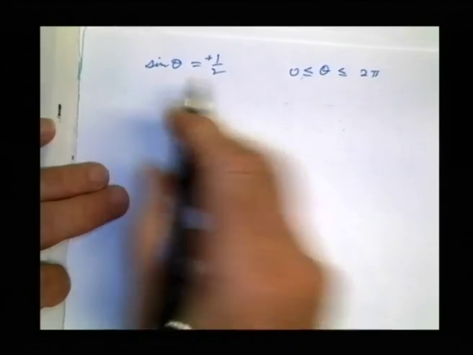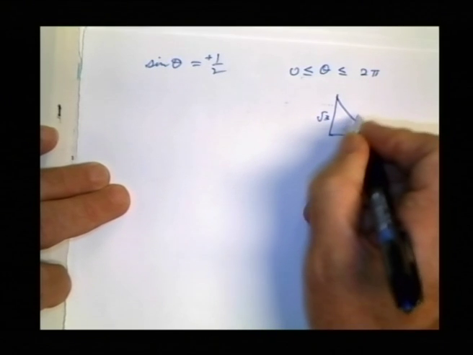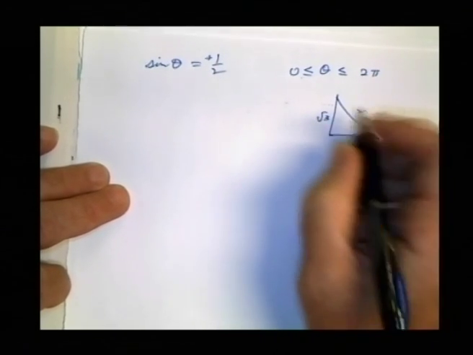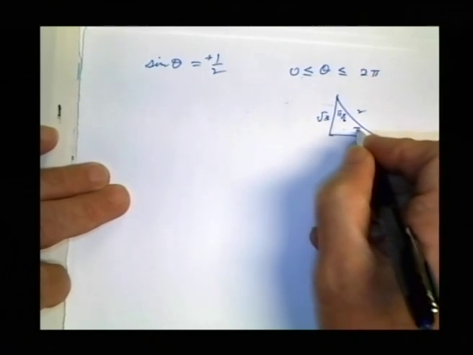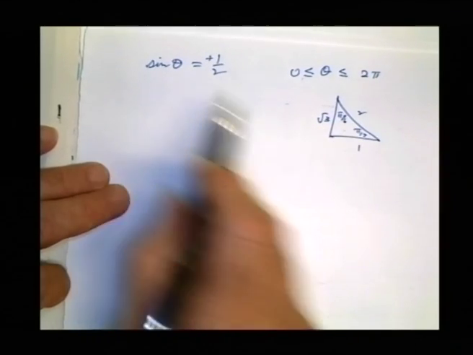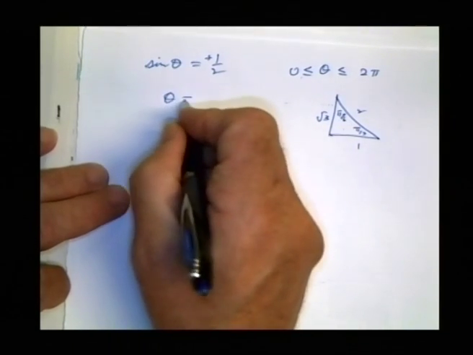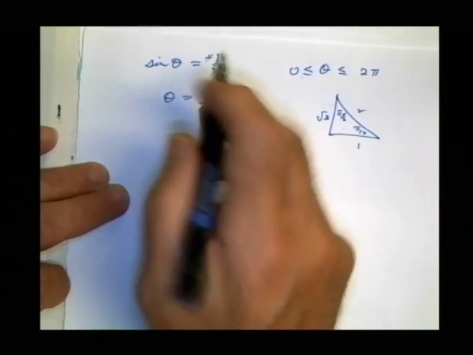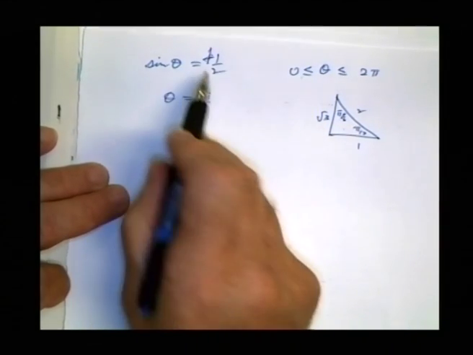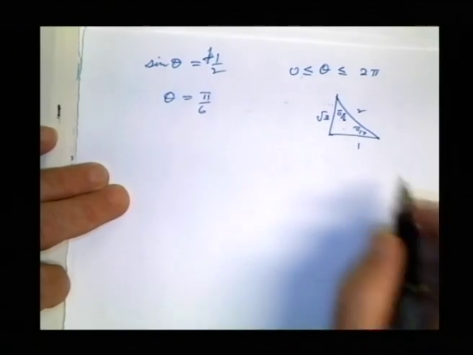Now, in this particular sum here, if you use your Pythagorean triad type of thing, you obviously know that pi over 6, or 30 degrees, has a sine of a half, and because that's plus, that would indicate that theta is in the first quadrant and the second quadrant.